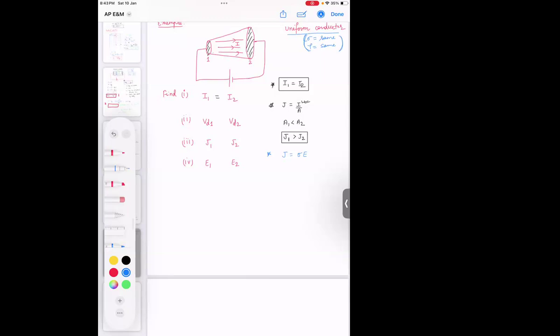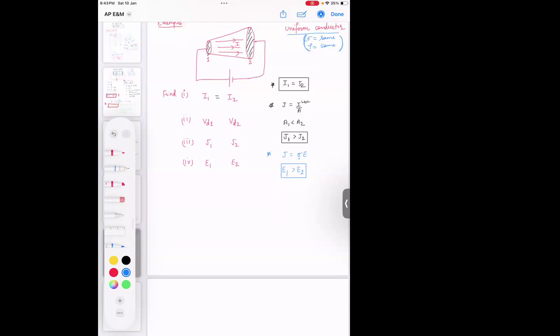So sigma is same throughout the conductor and J1 is greater than J2. So can I say that J1 is greater than J2 and sigma is same? So E1 will be greater than E2. So I relation we got it, J relation we got it, E relation we got it.